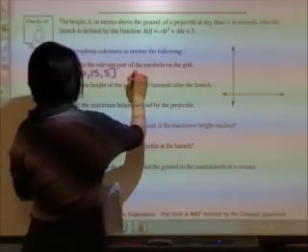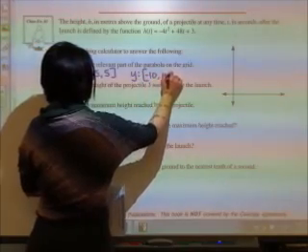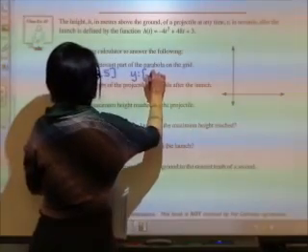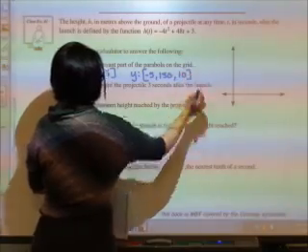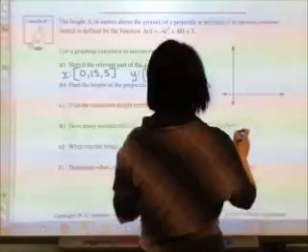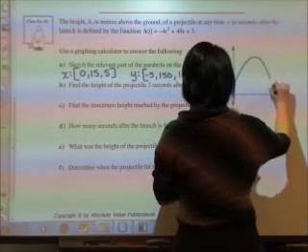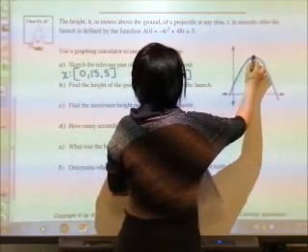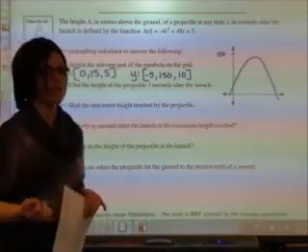And then our y's, we went -5 to 150, and we went up by tens. And then that gave us this kind of a picture. And from my table, I know that 150 is just a little bit above that maximum value.